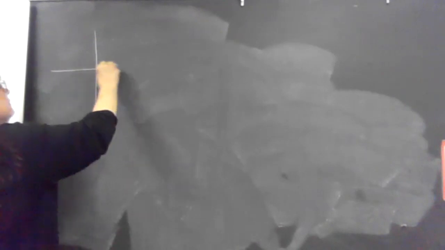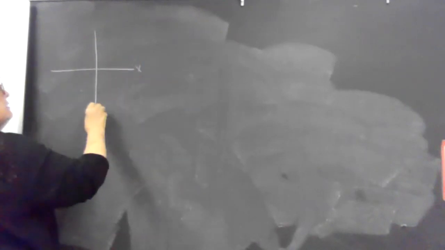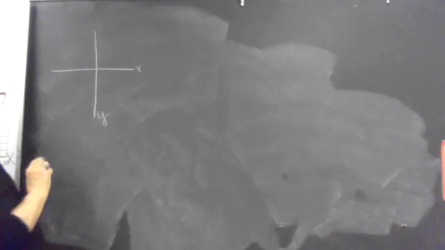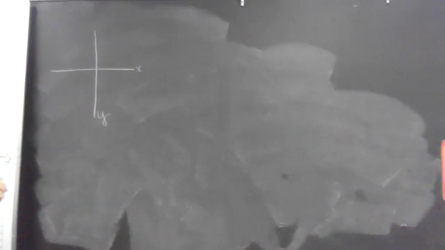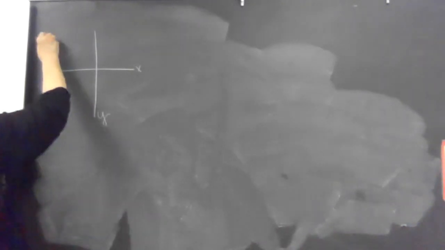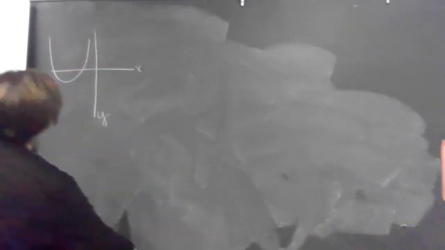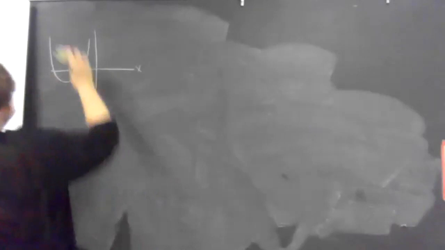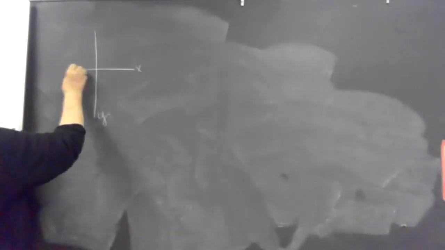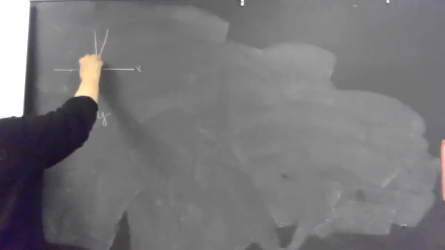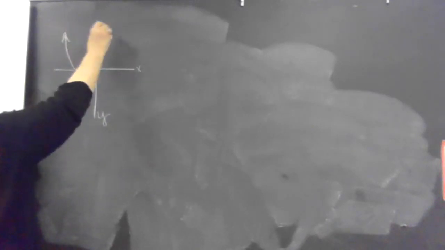So here's the x-axis and here's the y-axis. So if I have a parabola, let me do more. Okay, let's say this is our parabola.